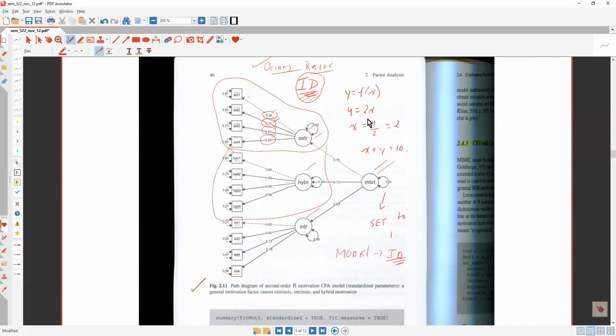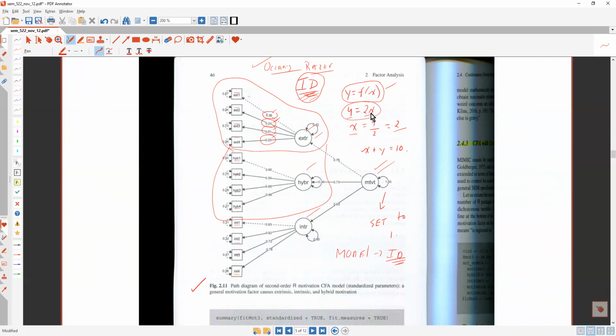Now, what does that mean in terms of, what's the concept here? Well, let's consider a simple case where we have y is equal to f of x. There's a function statement. 4 is equal to 2x. If we look at this equation right here, and we said, well, let's solve that equation, right? We can solve for x is equal to 4 divided by 2 is equal to 2.